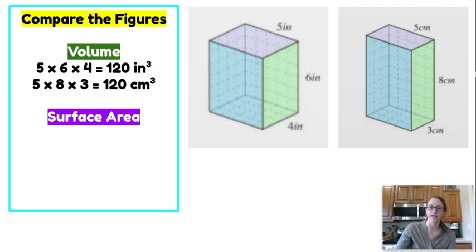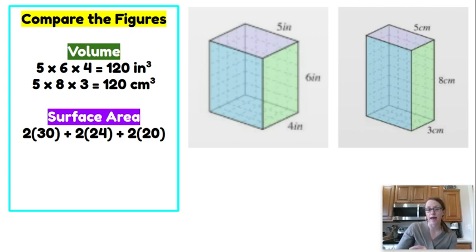Surface area, on the other hand, is going to be a little bit different. The area of each of their faces, as I'm figuring them out, I'm going to get a different surface area for the two shapes. This first figure, I have two sides that are going to have an area of 30, which is the back side 5 times 6 and the front side 5 times 6. I'm going to have two sides that are going to have an area of 24, so I have 4 times 6 for the left and 4 times 6 over here for the right.